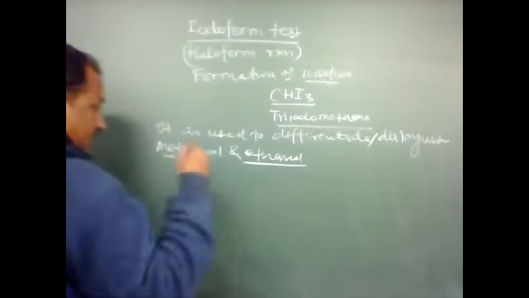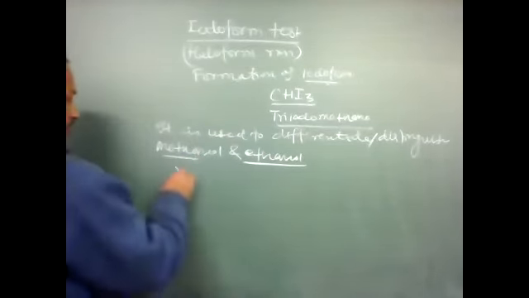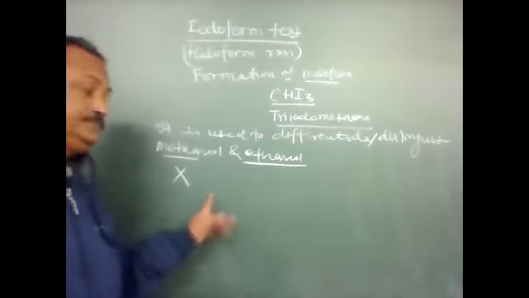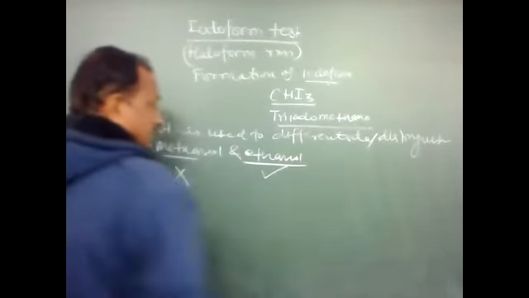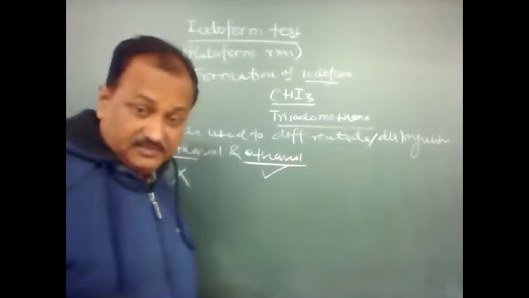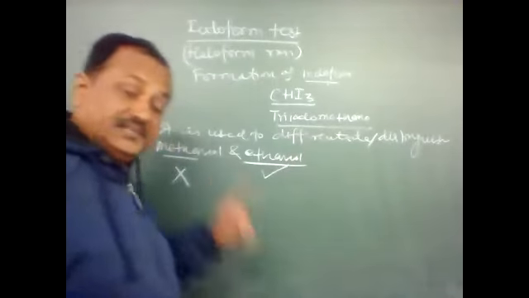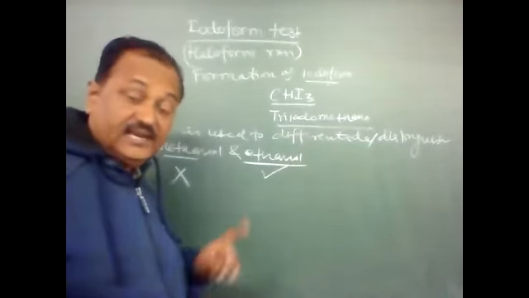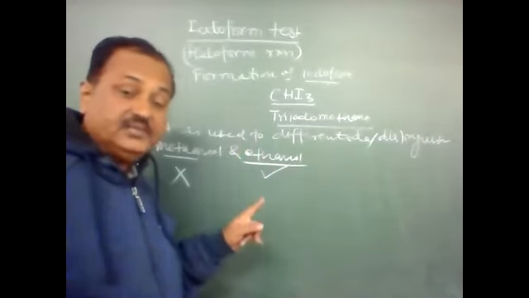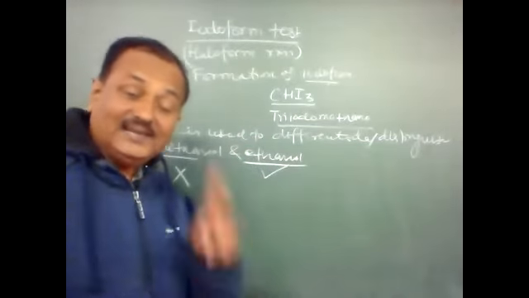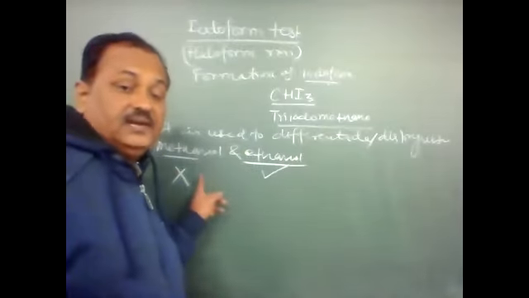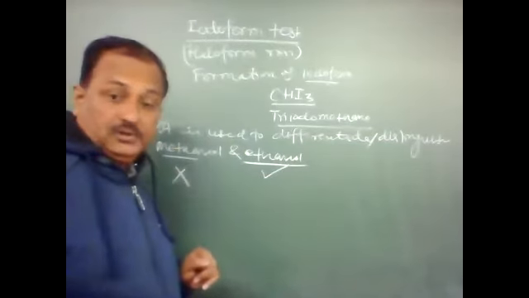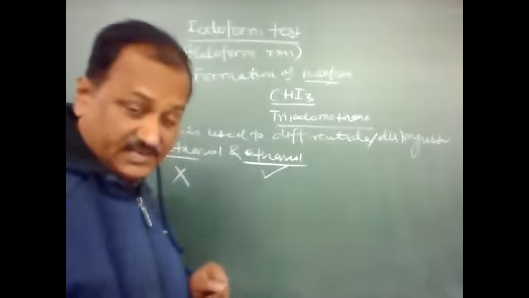This test is not responded to by methanol, it is responded to by ethanol only, and it is the prime condition that the iodoform test is responded to only by at least 2 carbon. So if we take methanol, this test will be negative.